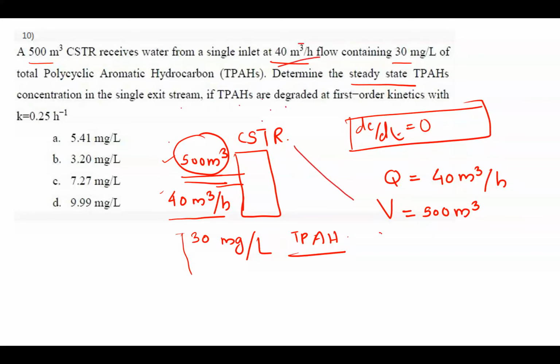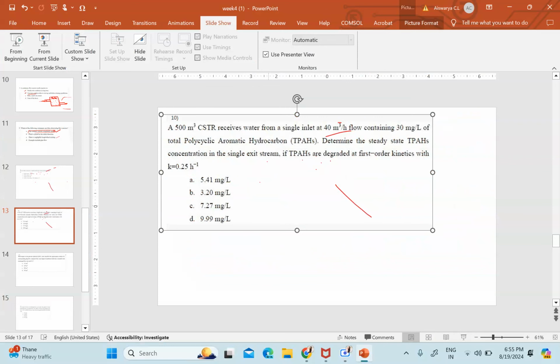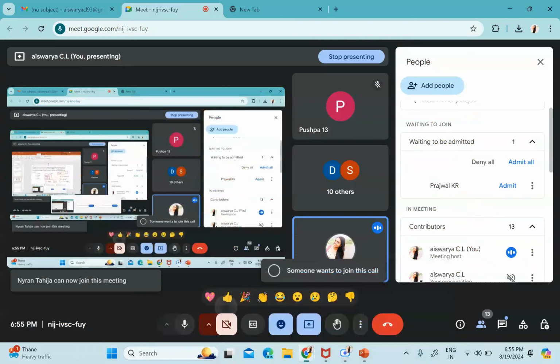C in, correct. C in equal to 30 milligram per liter, right? Then apart from this, they have given dC by dt equal to 0 from the steady state.